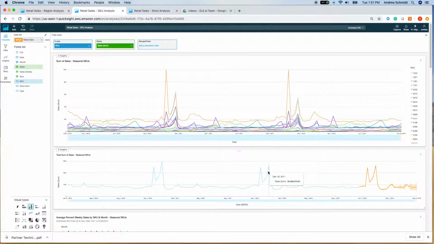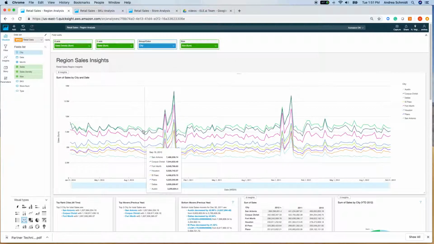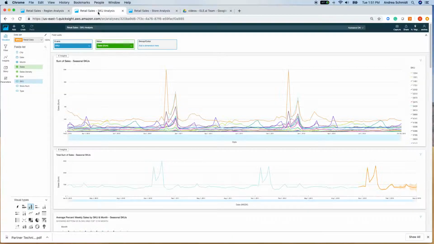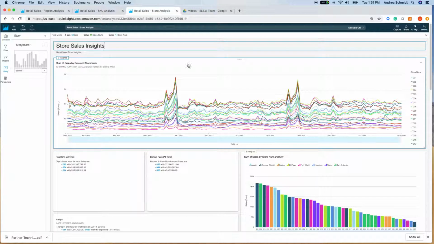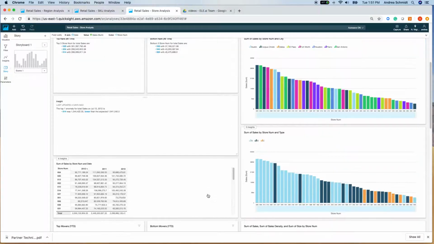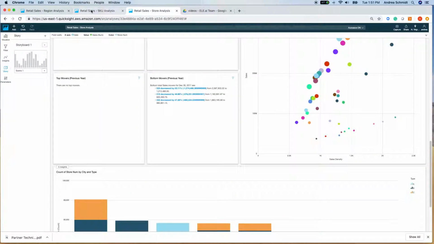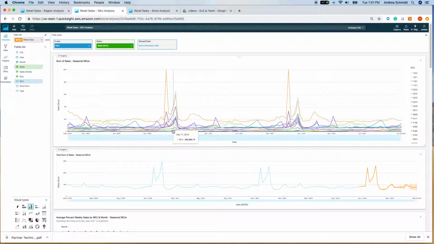And just to review, we went over the very same data set. I produced three different visuals. And this one focused on region sales, the other on store sales, and then the other on the individual SKUs themselves. So each of these are going to be more important to the party.